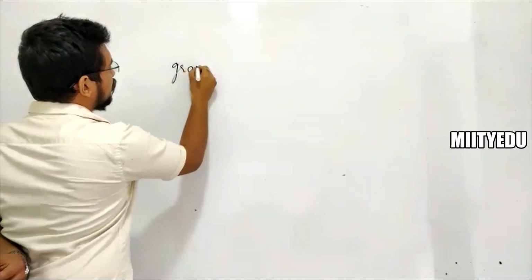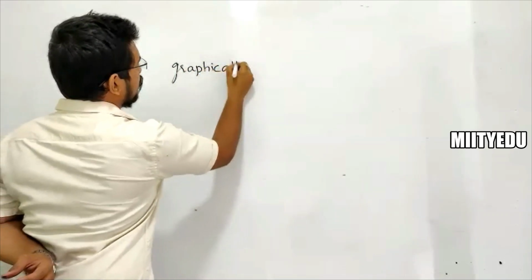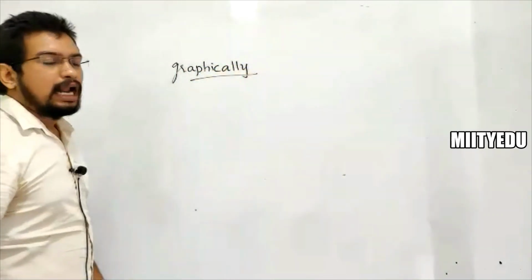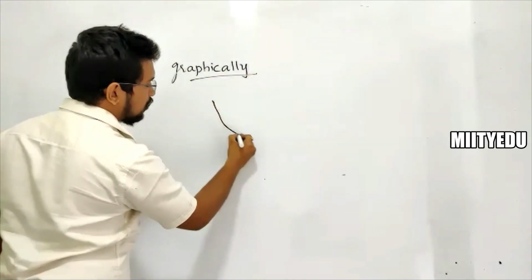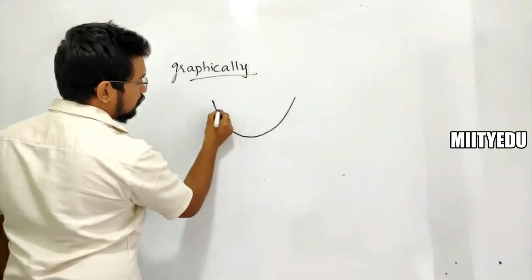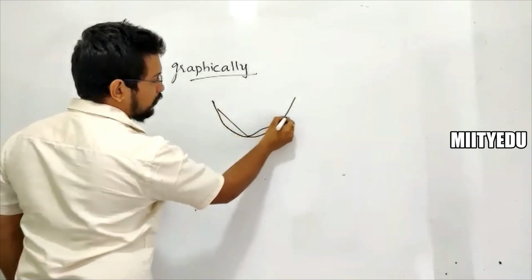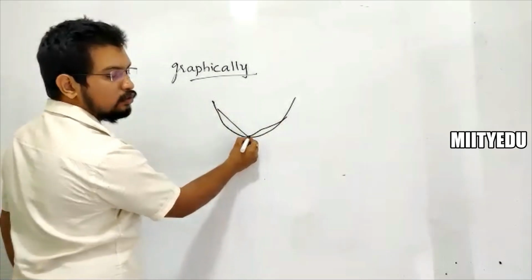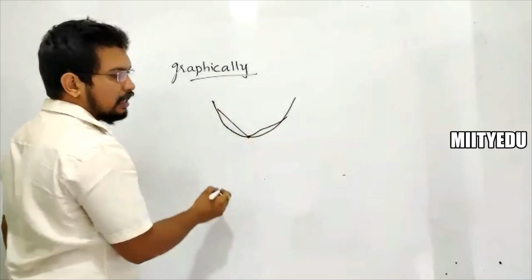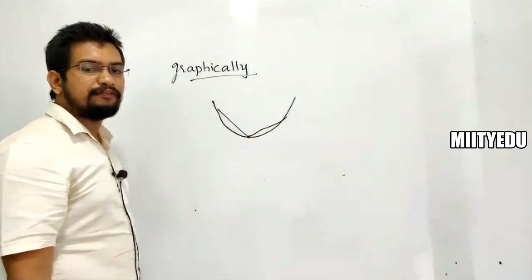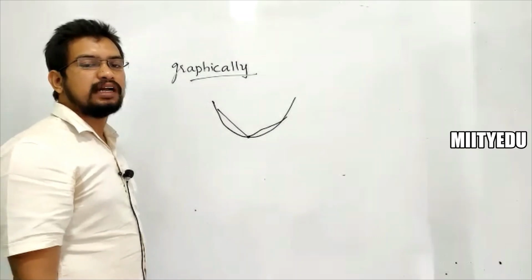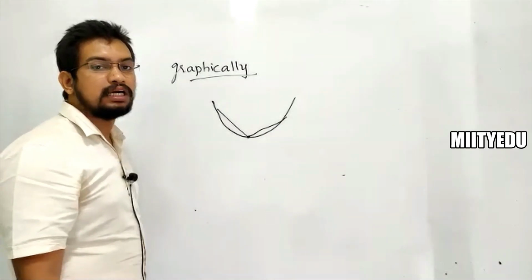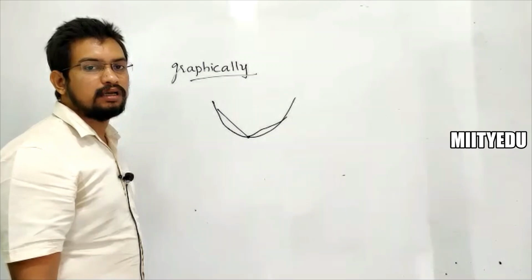Graphically speaking, how do you write? Let's say there is a curve. I took a chord here, I took a chord here. At this point, I need to check for the differentiability of this function. For the existence of differentiability, first and foremost, the function has to be continuous, or the curve has to be continuous at that point.